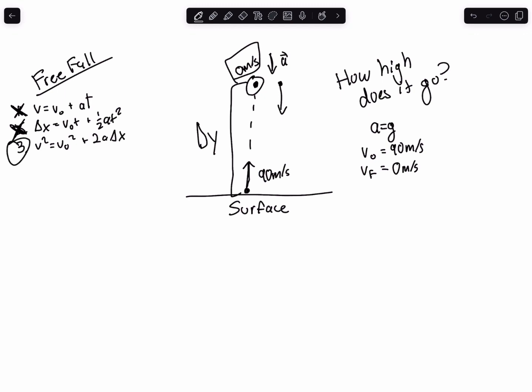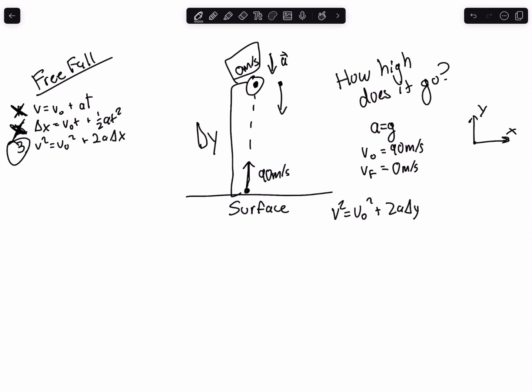So v squared equals v naught squared plus 2a delta y, not delta x. I define y as the vertical and x as the horizontal, so I always change delta y to delta x, and you should too. It's good practice, especially when we move forward and have to use both x and y.